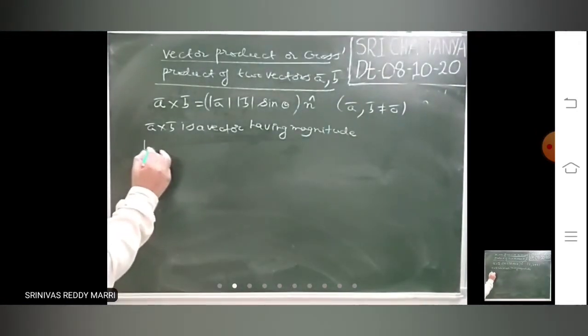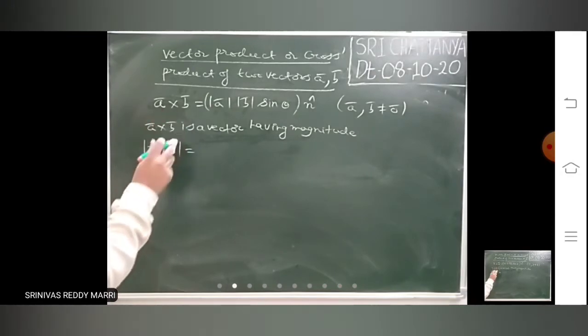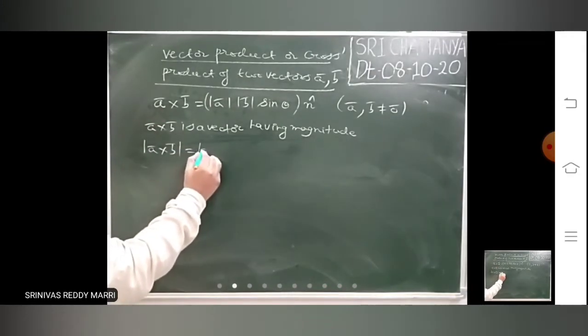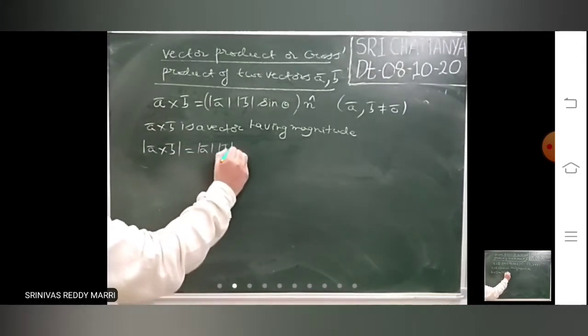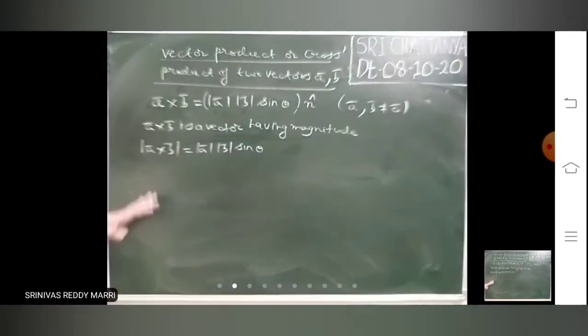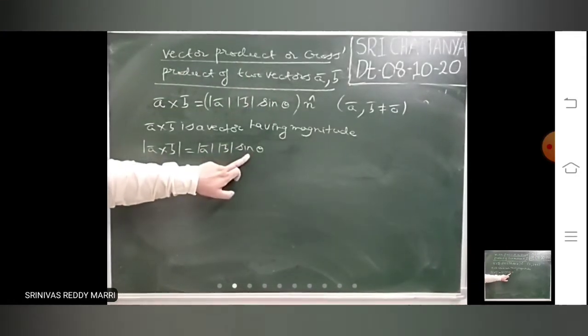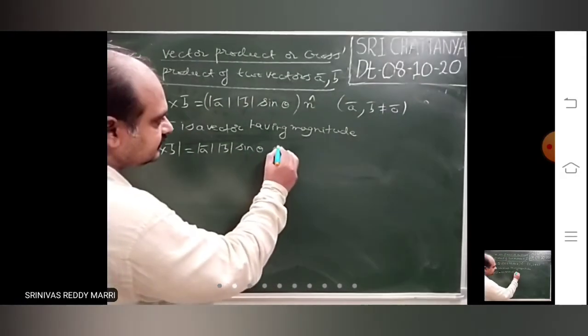Magnitude is modulus a bar cross b bar. That means modulus a bar into modulus b bar into sin theta. Magnitude means just this, and direction.